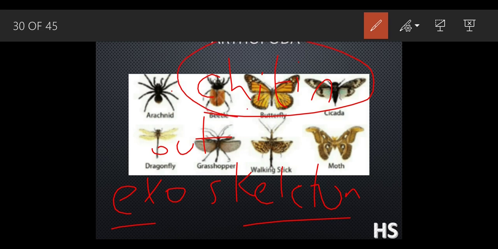This chitin helps the arthropoda class to get protected, as we have bones inside our body. Okay, but this is the endoskeleton. What do you mean by exoskeleton? Like your nails, okay, which are outside the skin. So these are exoskeleton. Same like that, the exoskeleton is made up of chitin. If you look at the crabs, okay, they have a hard protective cover. That hard protective cover is made up of this chitin.